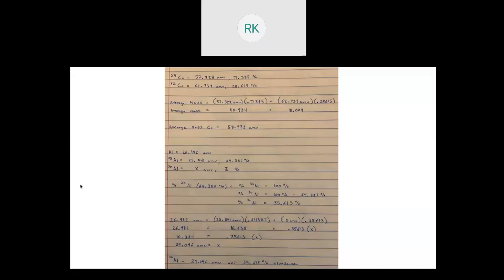So how do we solve for this? So again, the average mass, if you can see my cursor, if you can't, just let me know. The average mass is equal to 57.3 atomic mass units times the percent abundance in terms of a decimal, right? So we don't write 71.3%, we write 0.713, okay?